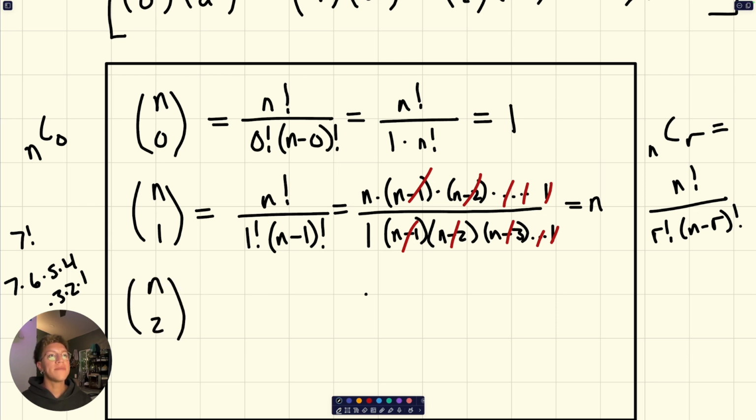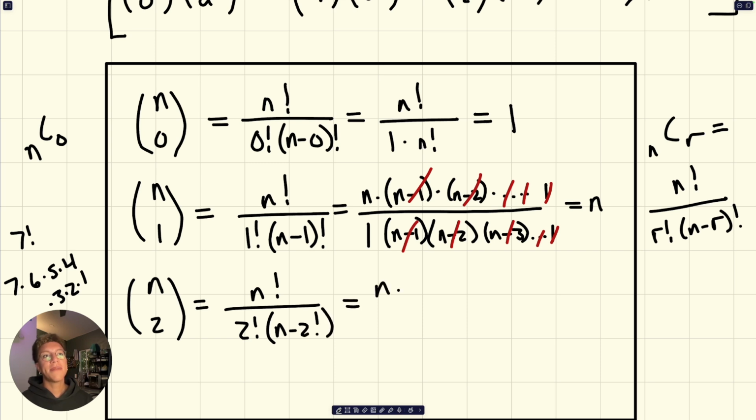Then we can repeat this for n choose 2. This will be the last one we do, and we should be able to spot the pattern by now. So this one, again, we get n factorial. On our bottom, we get 2 factorial, and then we get n minus 2 factorial. We simplify that. Again, top is going to be n times n minus 1 times n minus 2, going all the way down.